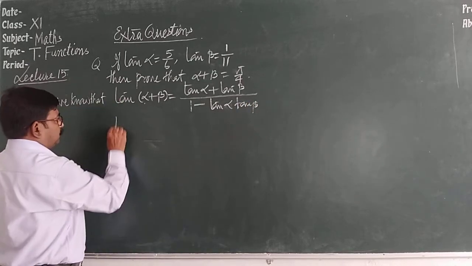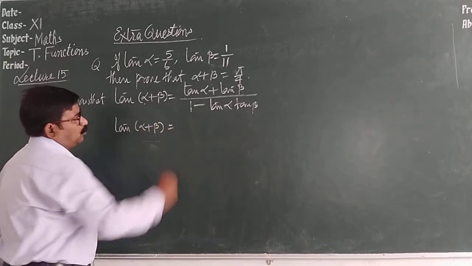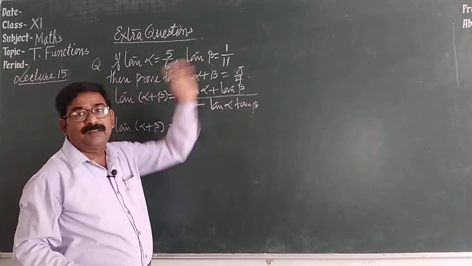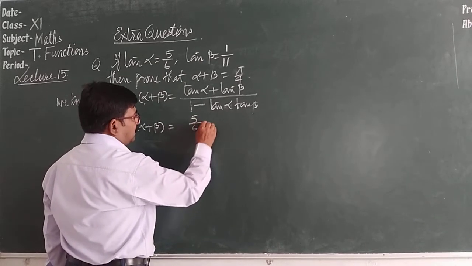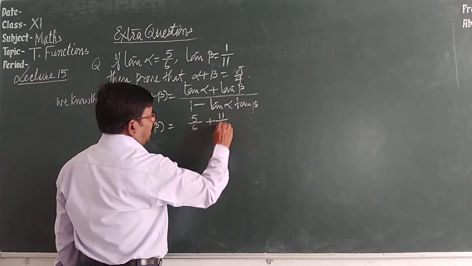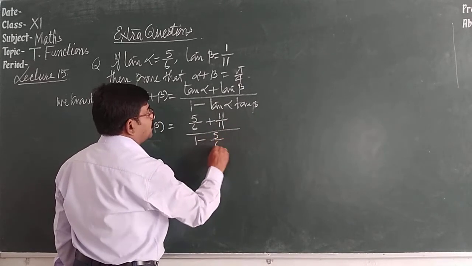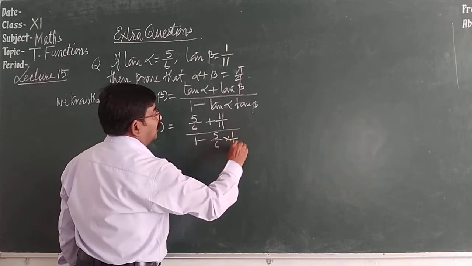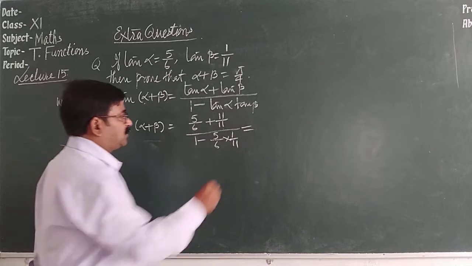So we have tan alpha plus beta is equal to, write the values of tan alpha and tan beta. So we have 5 upon 6 plus 1 upon 11 upon 1 minus 5 upon 6 into 1 upon 11. Solve this by LCM. LCM is 66.